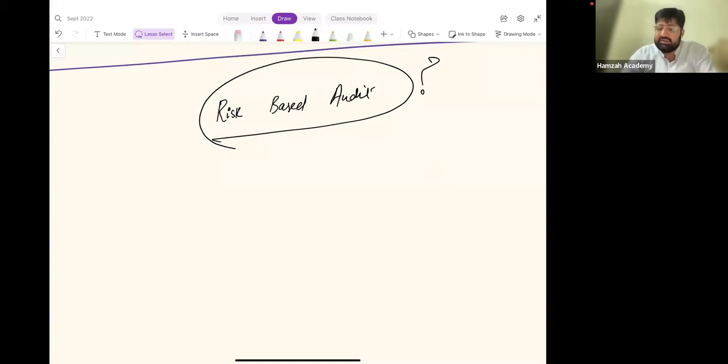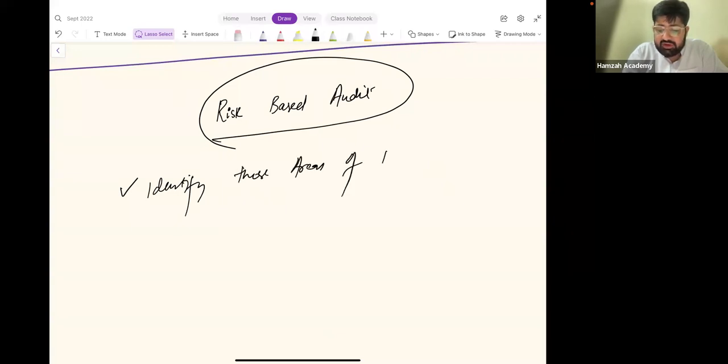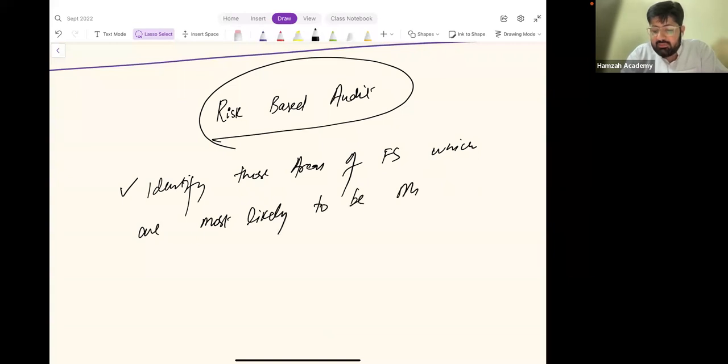Since the auditor has to report on the financial statements of the company, whether they have been prepared properly or not, instead of checking all the items of financial statements and wasting too much time, the auditor should identify those areas of financial statements which are most likely to be misstated.